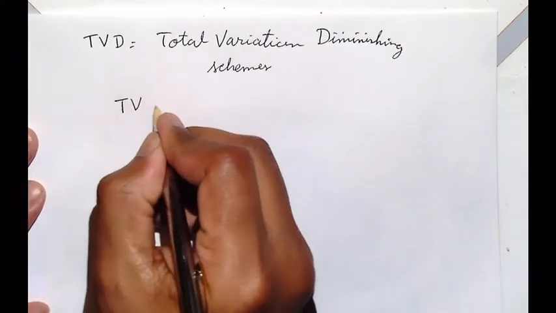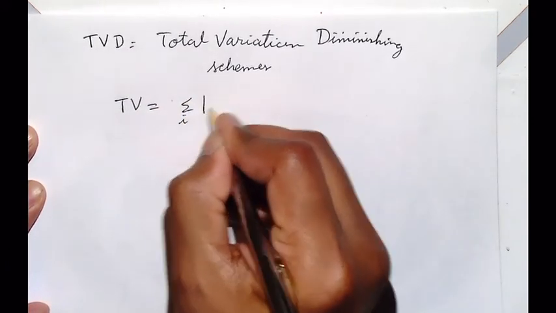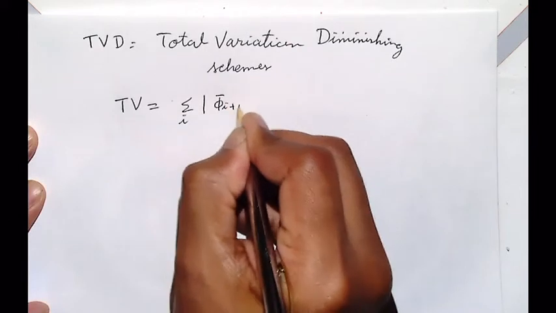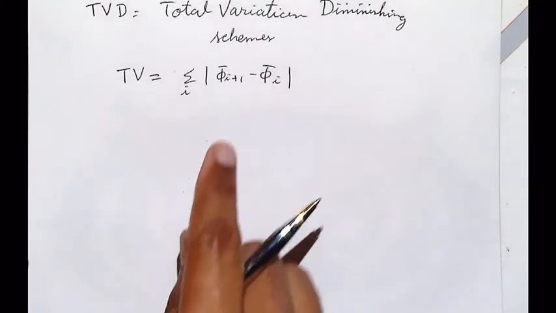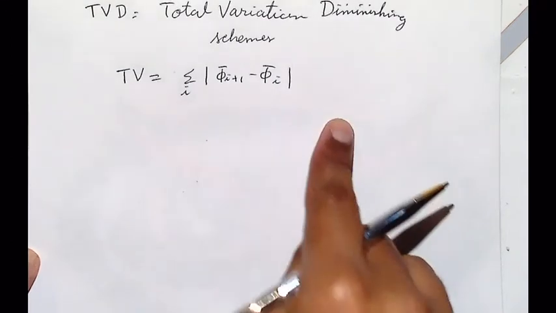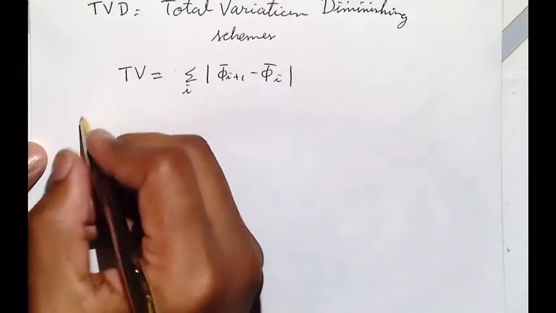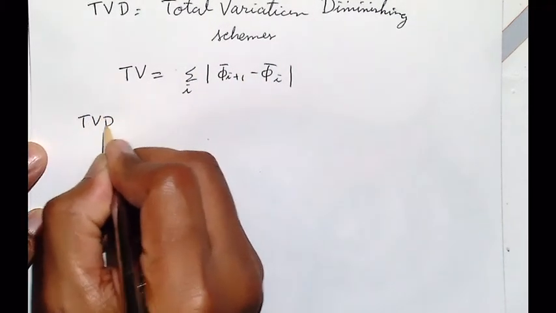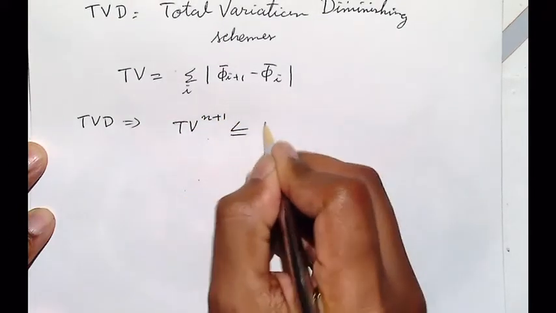as, total variation is defined as summation over i of the absolute value of phi i plus 1 minus phi i, right? Simple, right? You're basically summing up changes from one cell to the next over your whole domain, right? And for TVD to be valid means TV at n plus 1 is less than or equal to TV at n.